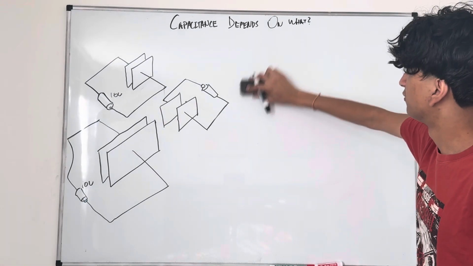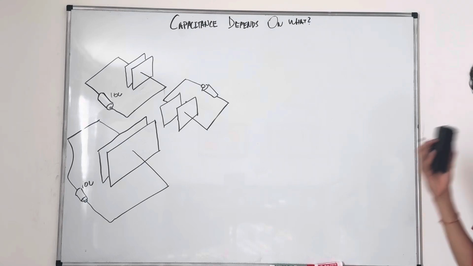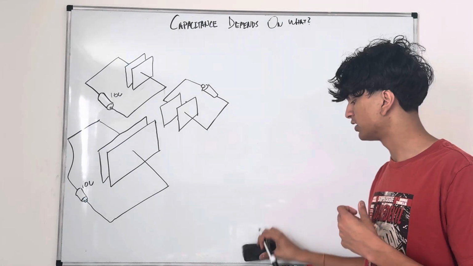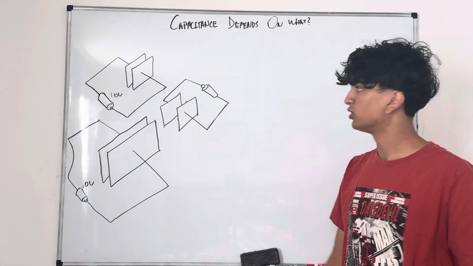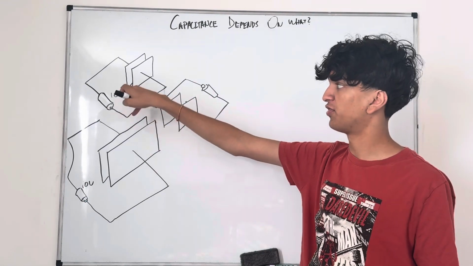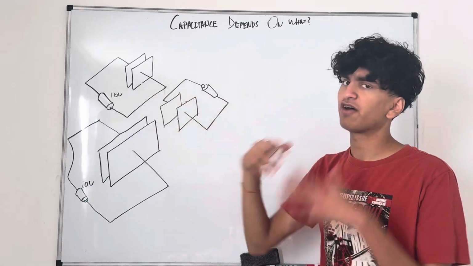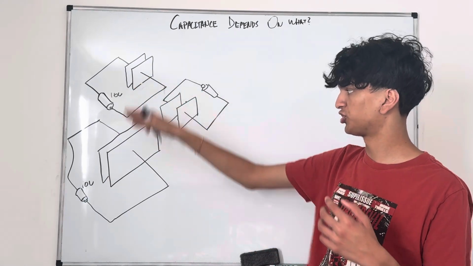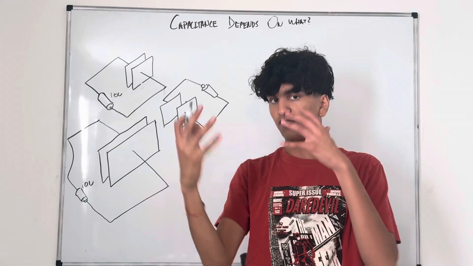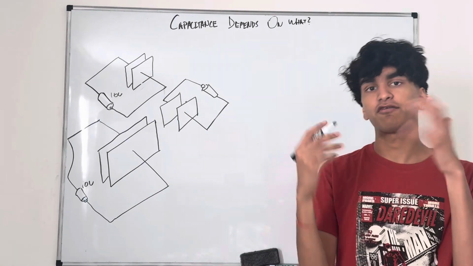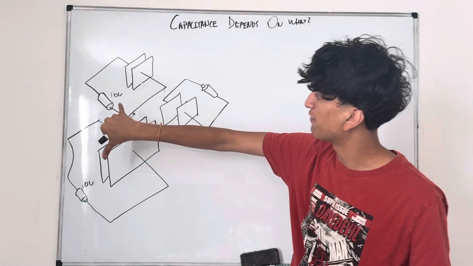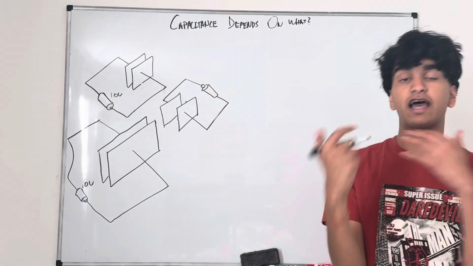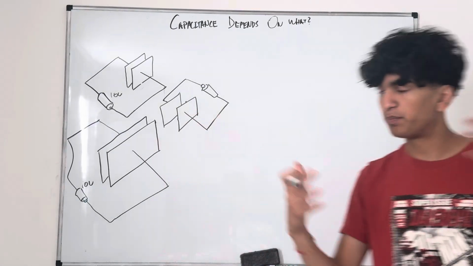And remember, capacitance is not sheerly about charge, it's about charge at a certain voltage. I can make this battery 1,000 volts. This capacitor is probably going to have a lot of charge, more charge than this guy. But if you're comparing capacitance, you have to go apples to apples. You have to have the same voltage. That's how you can compare capacitance.